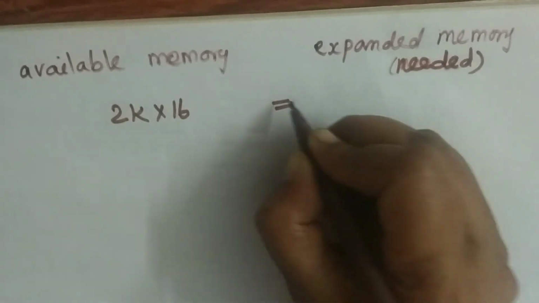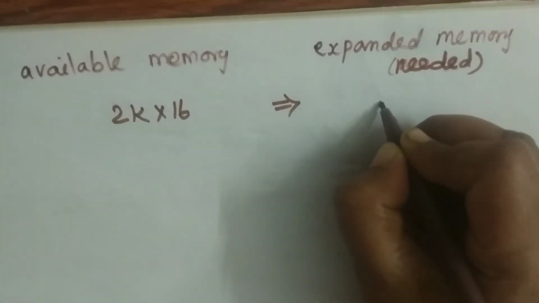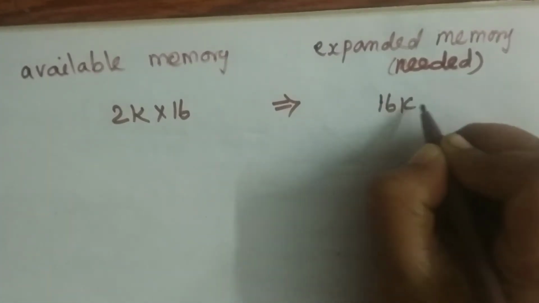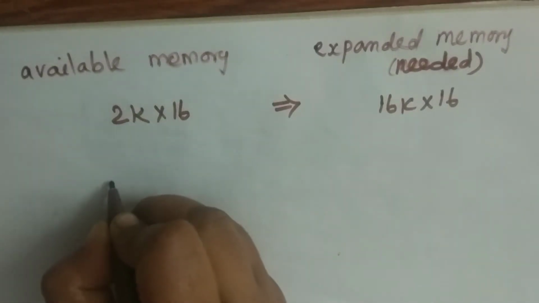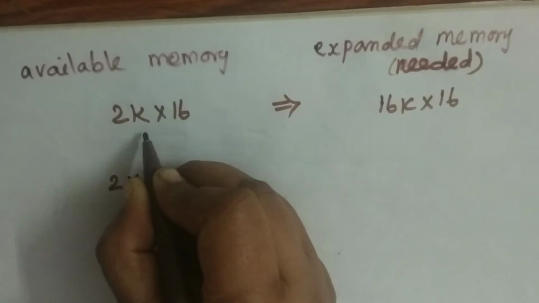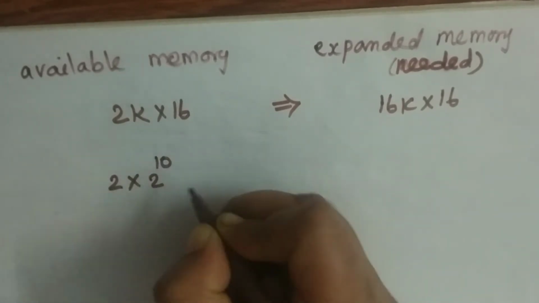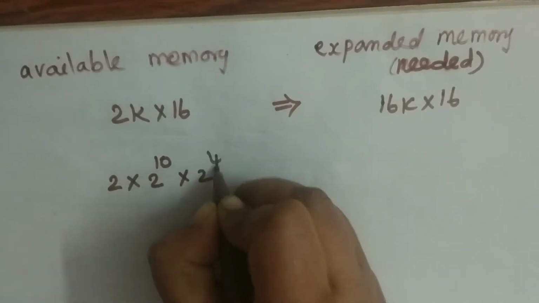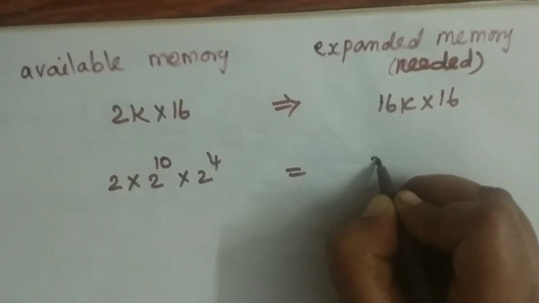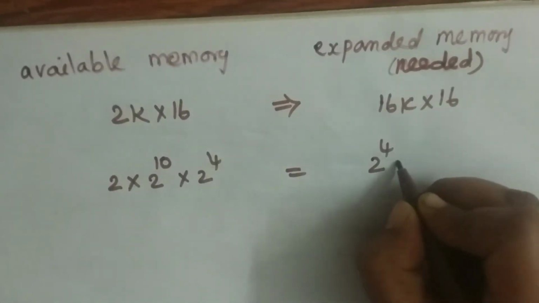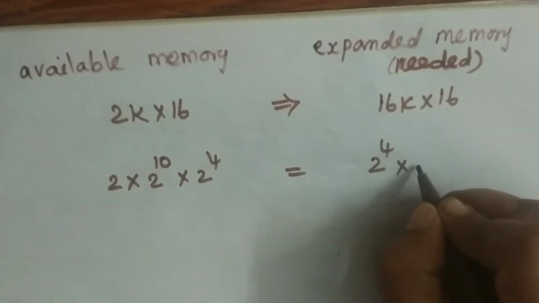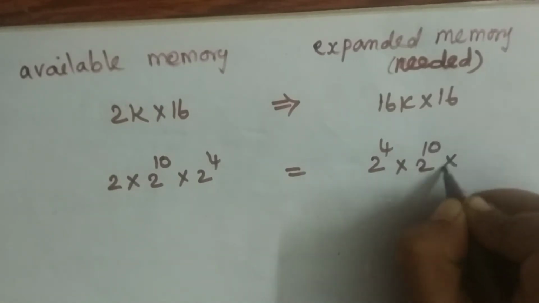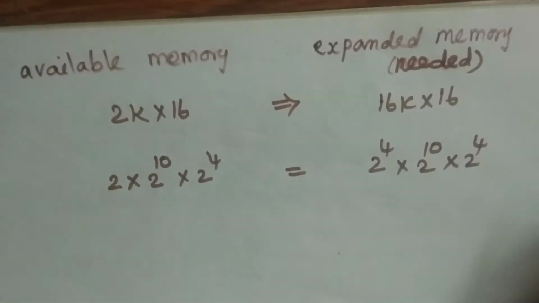Expanded memory is 16K cross 16. We have to write 2 into K, where K is 1024, so 2 power 10. Into 16, which is 2 power 4. So 2 power 10 into 2 power 4.